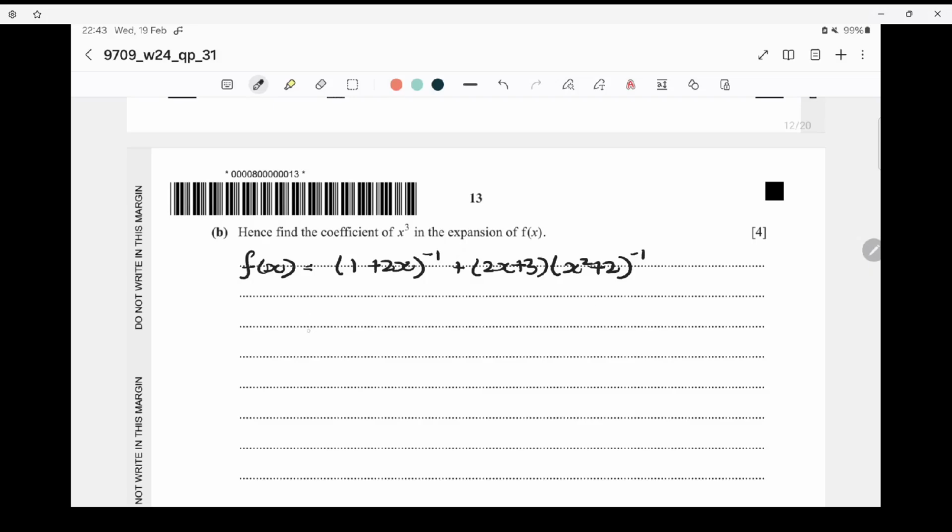So if you want to be fast, for this part you just need to expand the x cubed term. For this part, because you start with x squared, x squared multiplied with the x term over here, you will get x cubed. Okay, so here you need to expand up to the x cubed term. The second one, you just need to expand the first term.